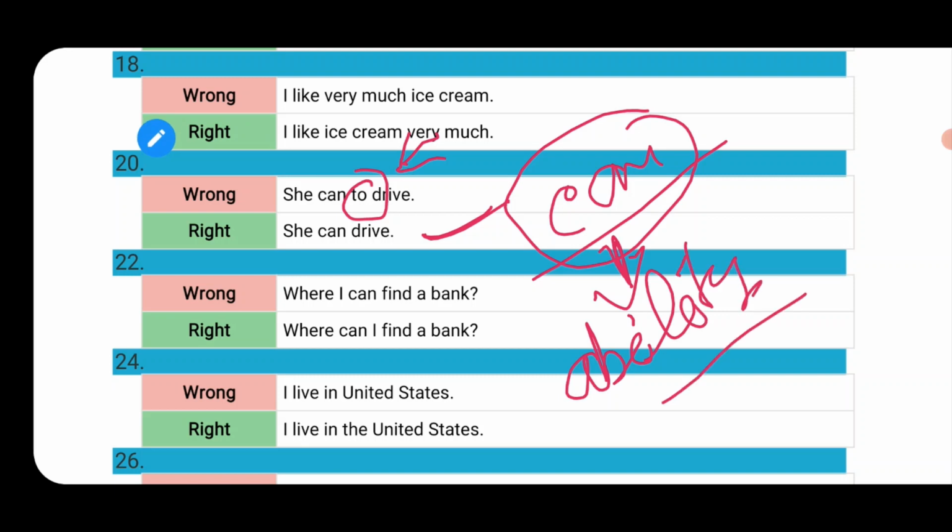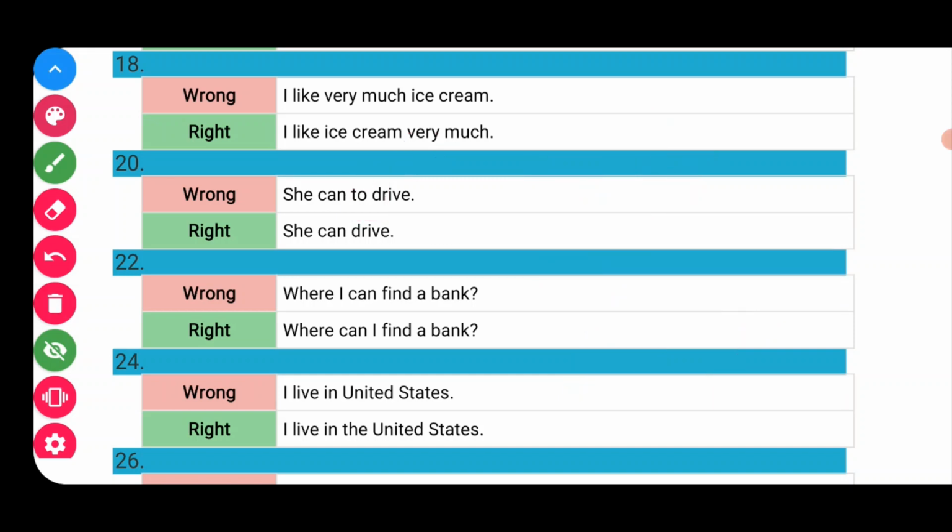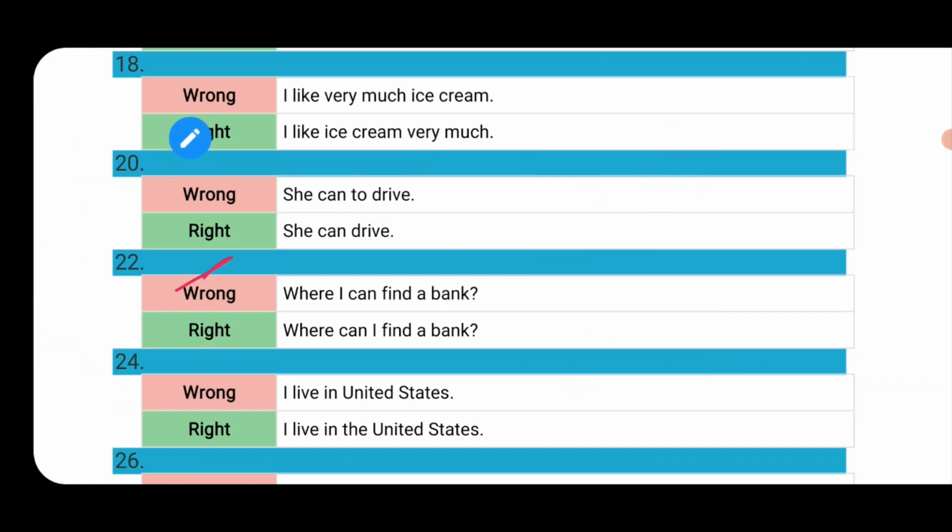Now, next sentence is very important because most of the students make mistakes in this part. Whenever we use an interrogative pronoun such as where or who, what verb comes after it? Not the main verb, but an auxiliary verb.